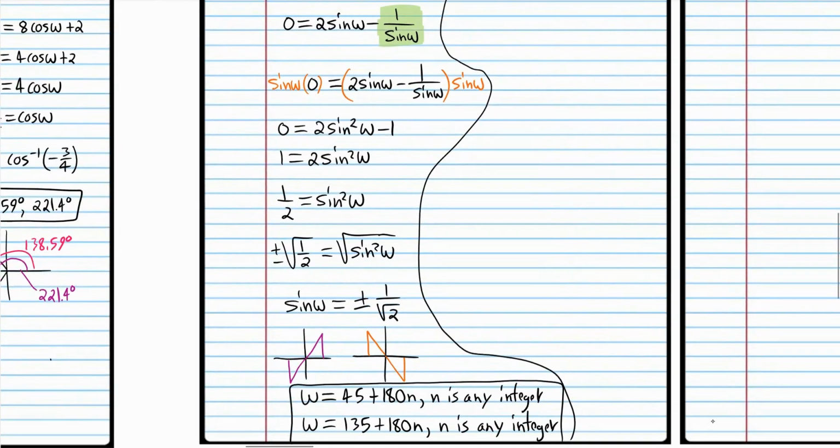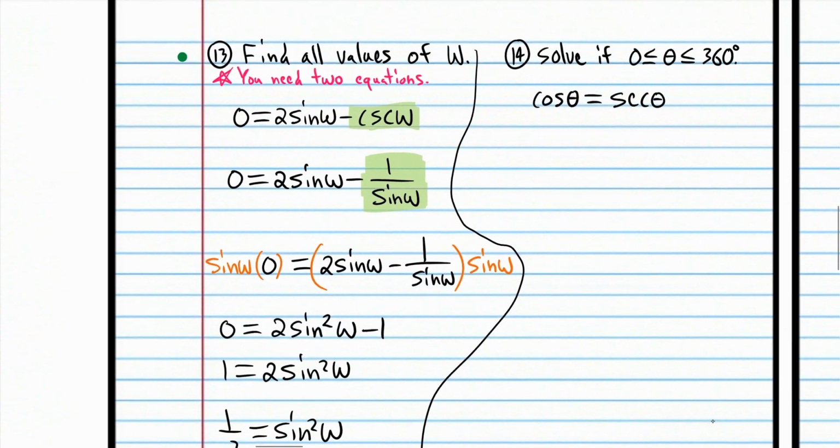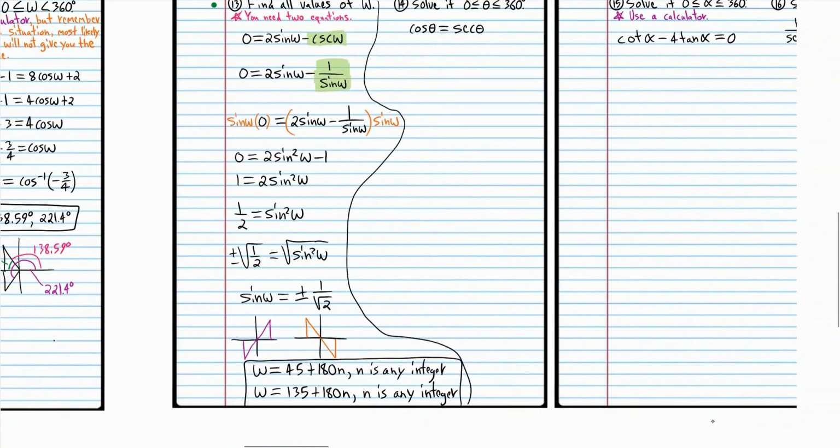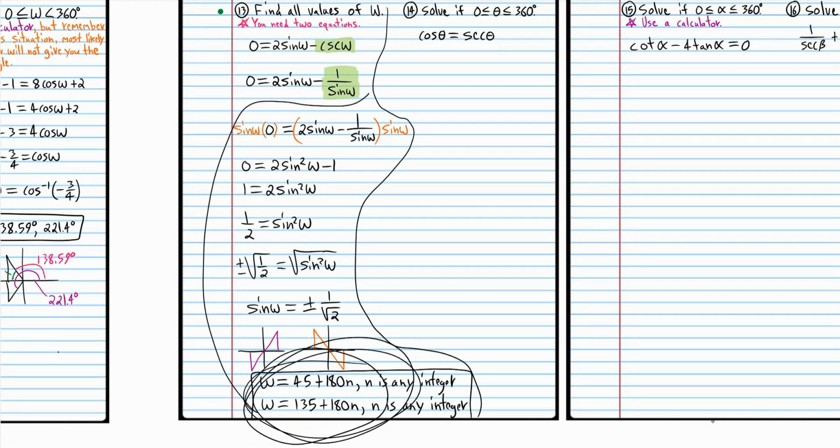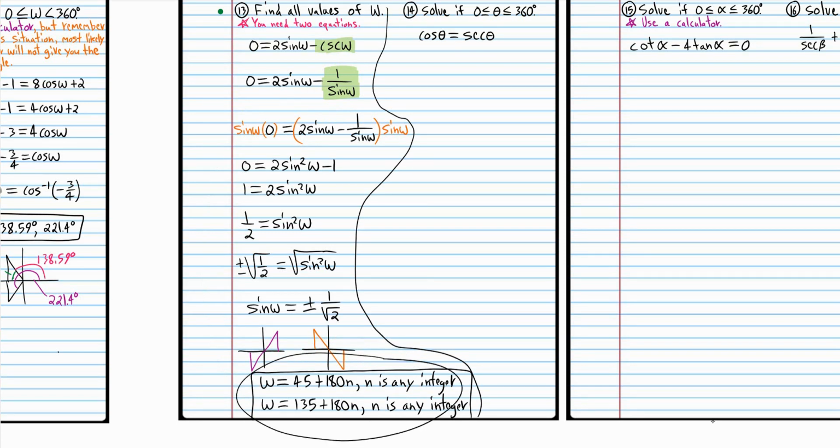Also, we need to be aware of extraneous solutions. If we plug in omega and we get an undefined expression, then it's going to be an extraneous solution. But these are not angles that will give us an undefined expression, because these are not quadrantal angles.